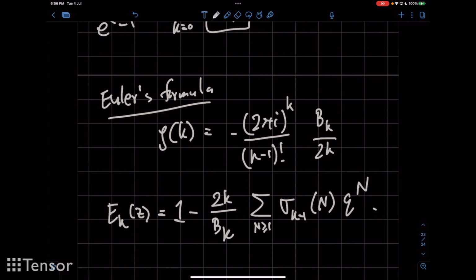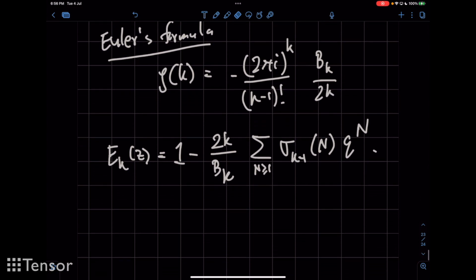Okay, I want to end with a very interesting comment. I think I've mentioned before that the modular forms of weight k form a vector space, right? We can add two modular forms of weight k and get another modular form of weight k, and we can multiply by a scalar, by which I mean a complex number. And today we have seen that to each modular form there is a power series attached.